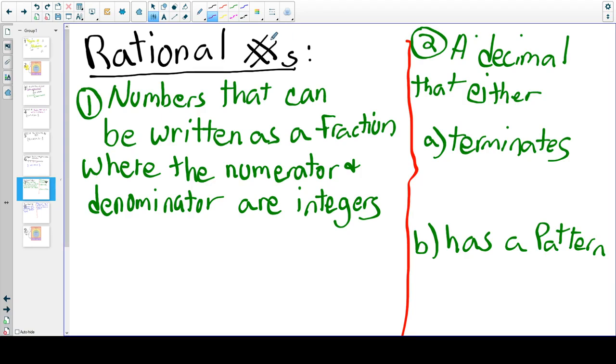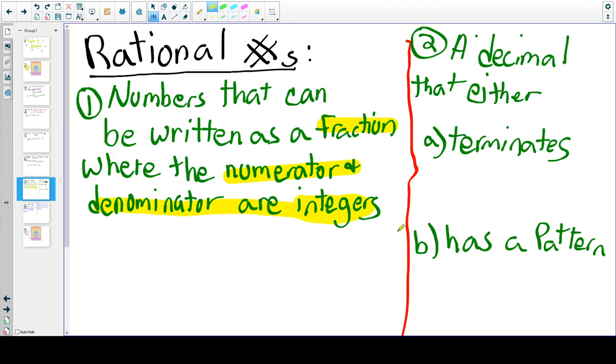Rational numbers. So I kind of pre-wrote everything. I'm going to highlight this because these are the big ideas. Rational numbers are numbers that can be written as a fraction, where the numerator and denominator are integers.